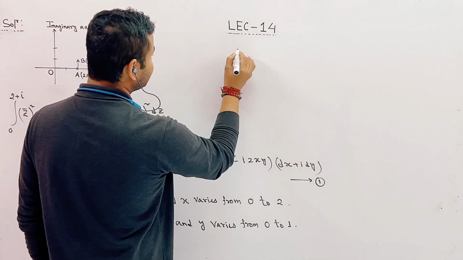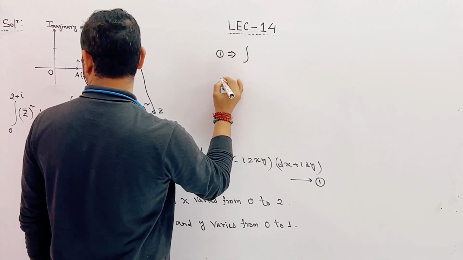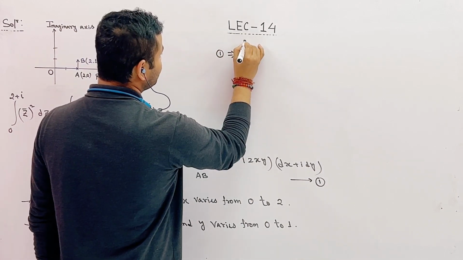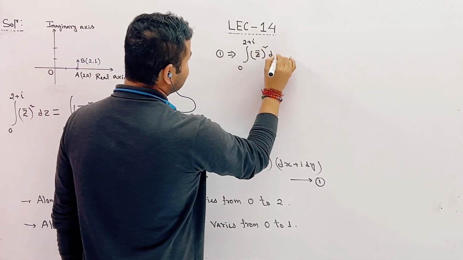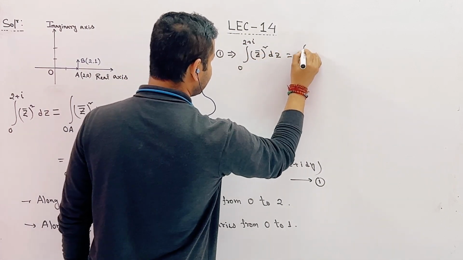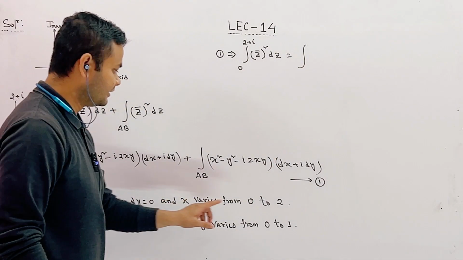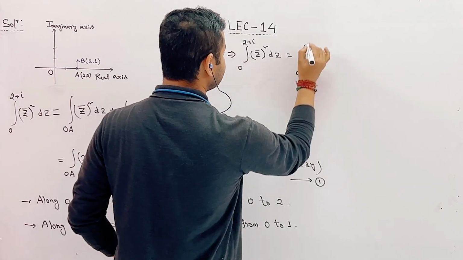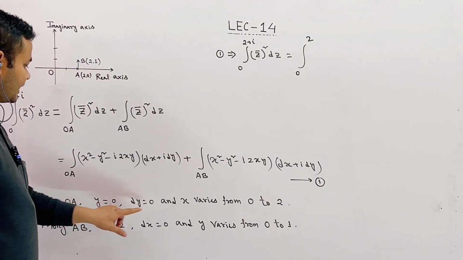So, finally, we will get equation 1 implies the integral from 0 to 2 plus iota of (z bar) whole square dz is equal to the integration along path OA. Here the limit is 0 to 2 and y equal to 0 and dy equal to 0.